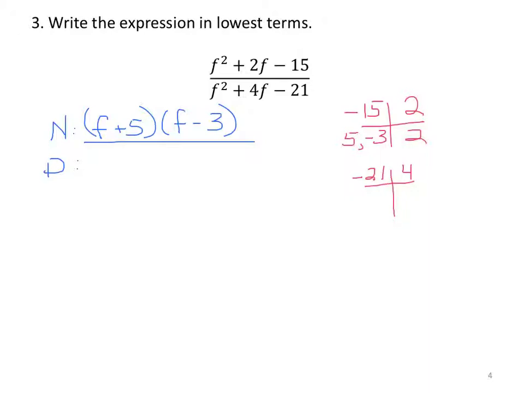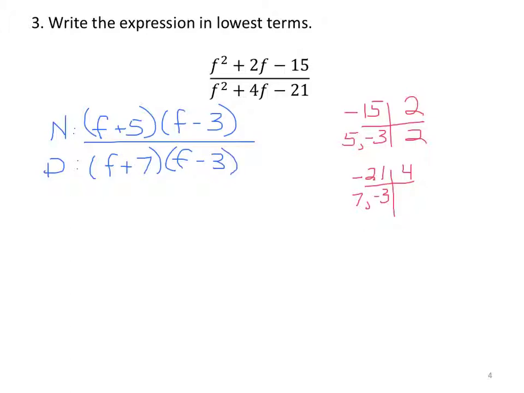Well, 21 is 7 times 3, and the difference of 7 and 3 is 4, so you have to figure out which one is positive and which one is negative. Your end result has to be a positive number, so you want your largest number again to be positive. So we can simply go to the denominator and write f plus 7 and f minus 3.